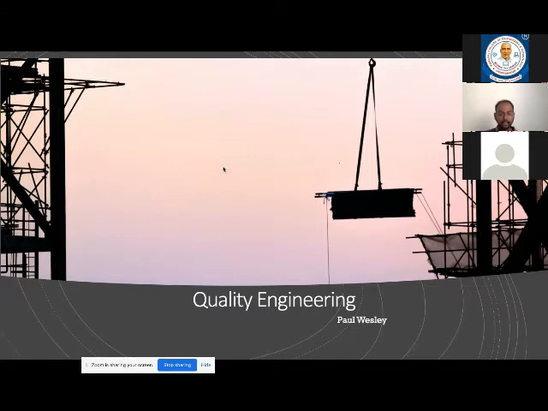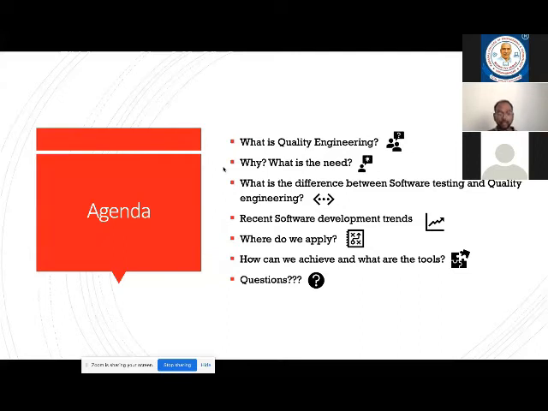First, let's understand the agenda for the meeting. We are going to see what quality engineering is, why and what is the need behind it, and what is the difference between software testing concepts or the traditional methods, and how we evolved into quality engineering.